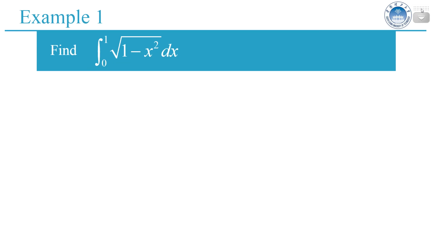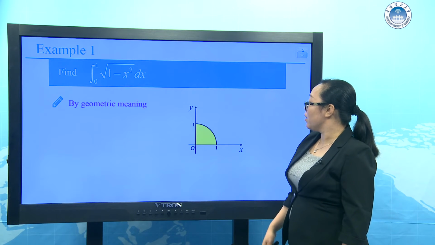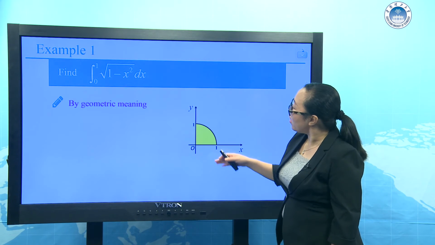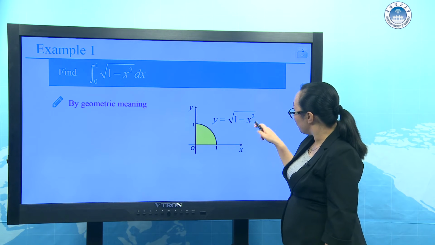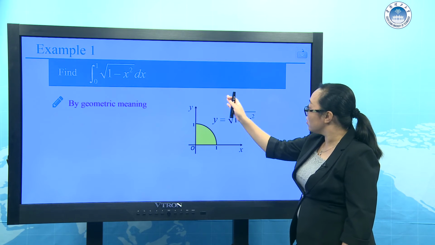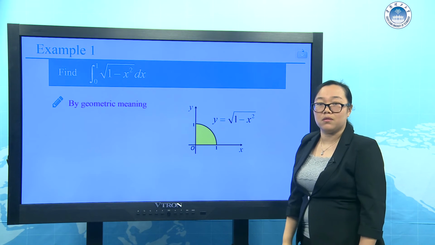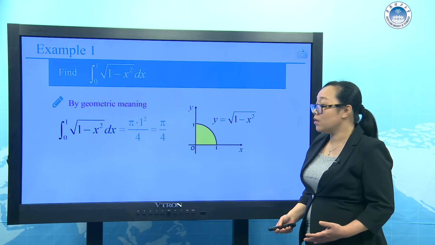So now look at example 1. Try to find the corresponding definite integral. How to do? Okay, we have studied the geometrical meaning. By the geometrical meaning, we get y equals the square root of 1 minus x squared, the part between x equals 0, x equals 1, and the x-axis.